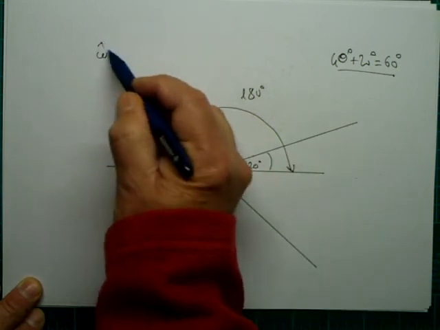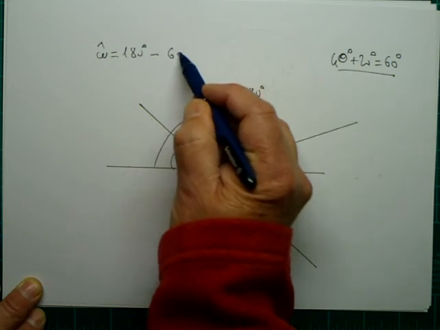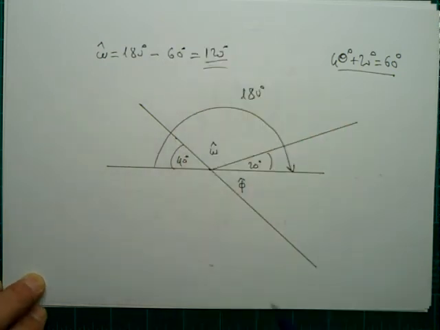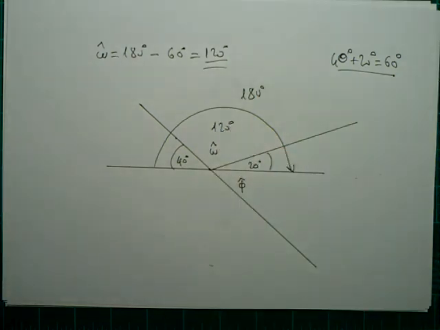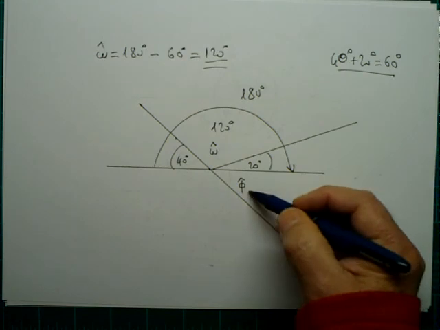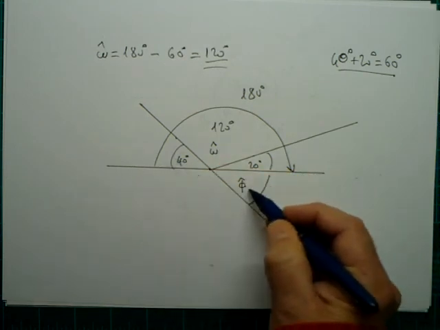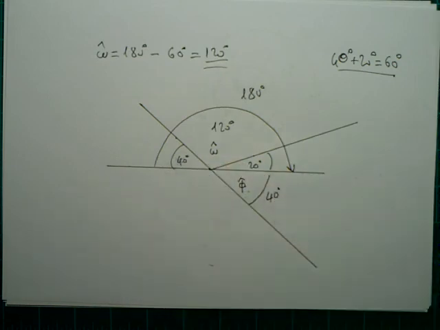So omega is 180 minus 60 degrees. So omega is 120 degrees. Now that we found omega, it is easy to find the rest. The angle phi is equal to 40 degrees, and these two angles are opposite.